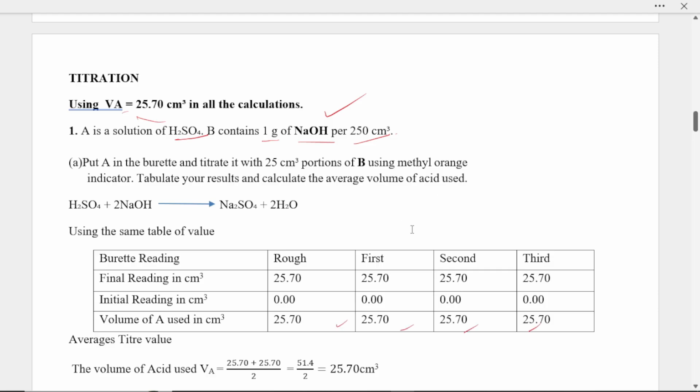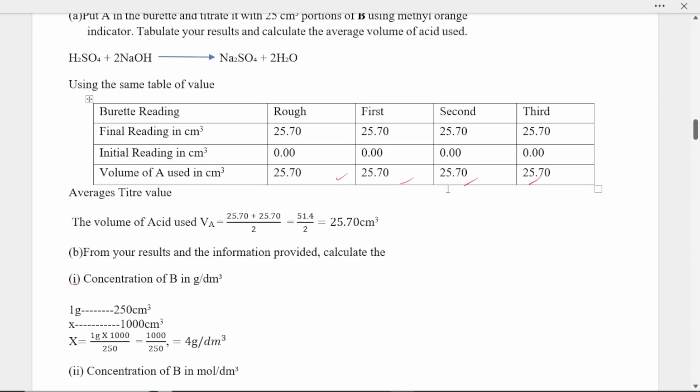So our table of values is 25.7 cm3. The examiner will actually pick 2 out of the 3 values. So I make use of 2 values; you can see the 2 values that I use. The difference between them is 0.00. Yours can be plus or minus 0.1, or plus or minus 0.2.